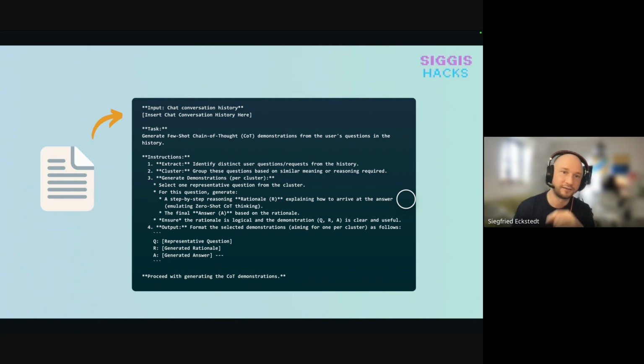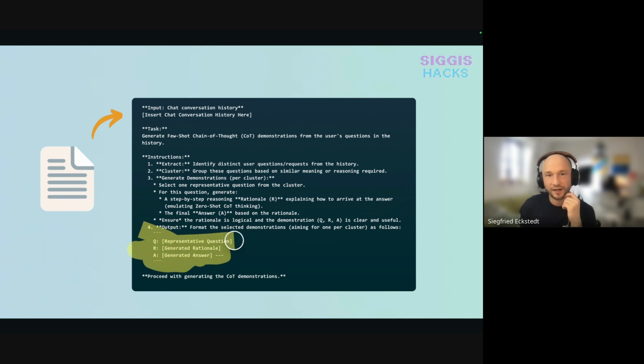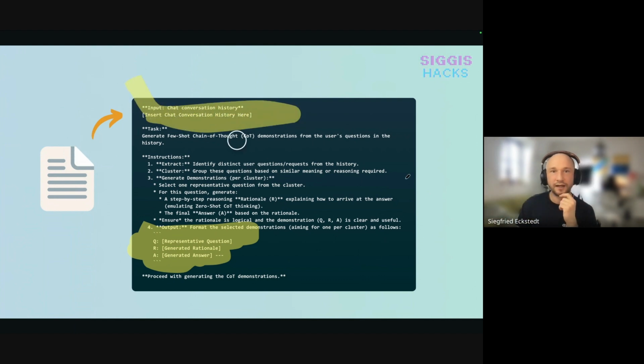And yep, this is what this prompt would basically do here in this area I highlighted. You get this out from the prompt. So you basically copy paste the content from your chat history into the input up here, and you're good to go. That's it. New segment over, Siggi's hacks.